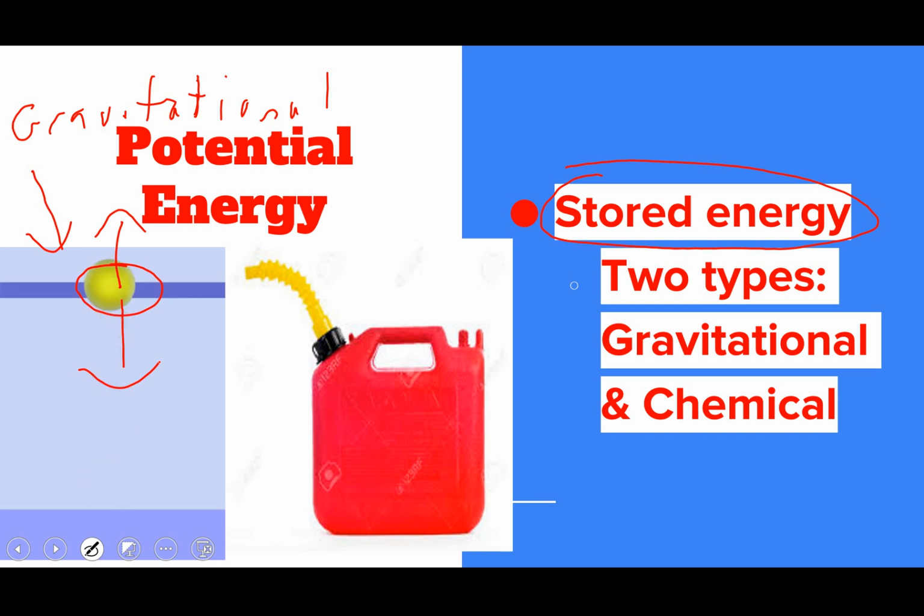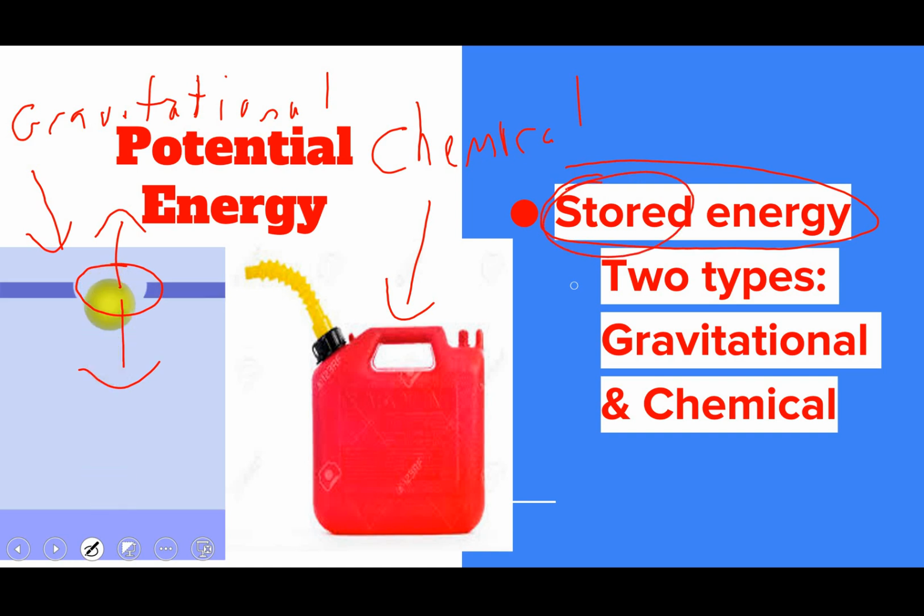Now, this over here is a good example of chemical energy, because it's gasoline. And you know that when you see a can of gasoline or gasoline in a pump, it just sits there. It's not moving. It's stored, right?